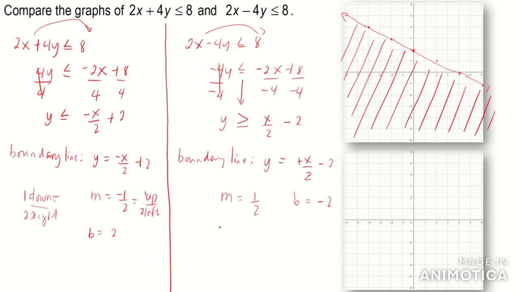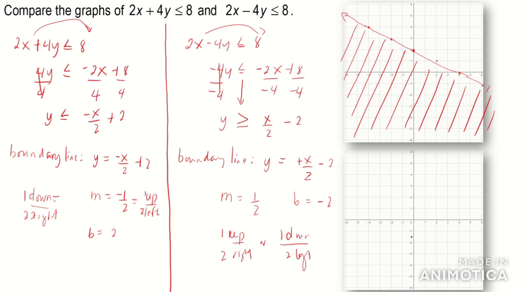So we have here the combination of movements: 1 unit up, then 2 units right, or 1 unit down, then 2 units to the left. Okay, so let's graph it.